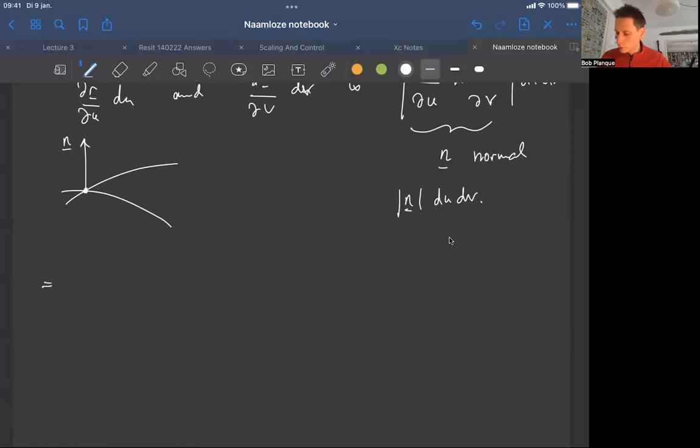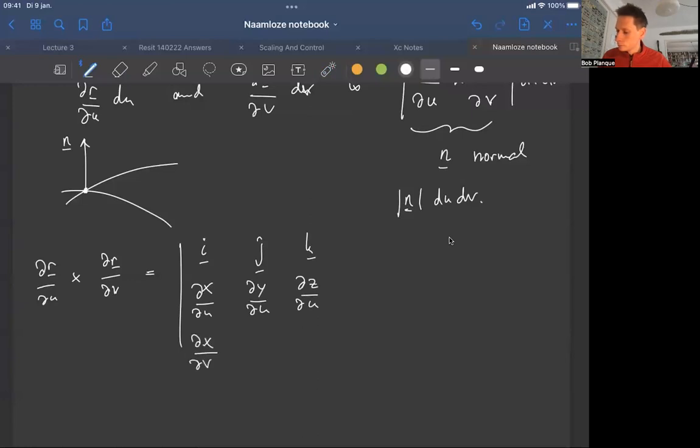So what is that? This cross product, dr du cross dr dv, equals this determinant, with all these partial derivatives of the component functions of r with respect to u and v, putting them in this kind of matrix with i, j, and k on top.